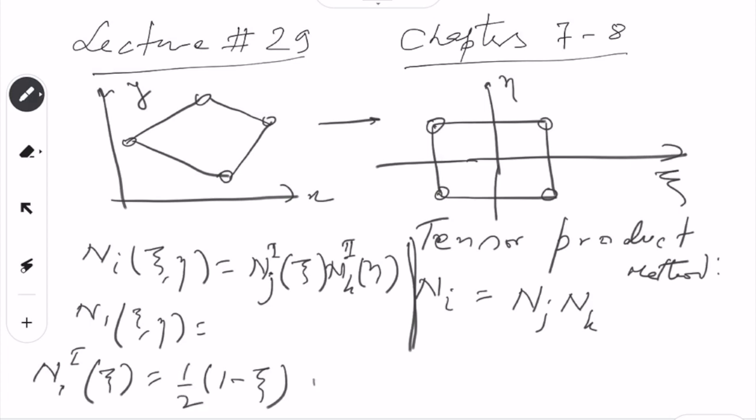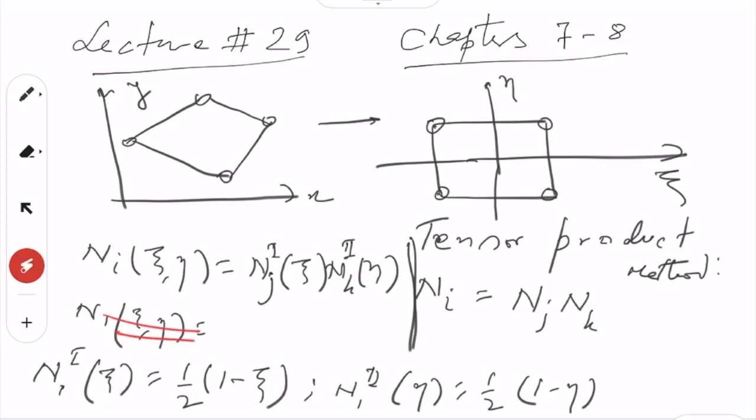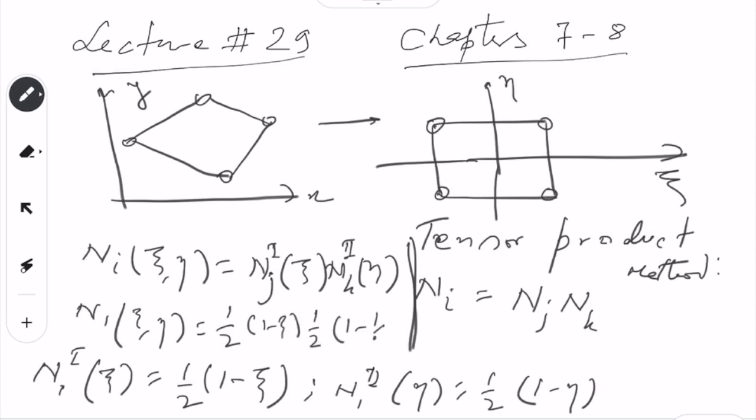Similarly, in eta, we want 1 here and 0 there, so we get half of 1 minus eta. Hence N1 equals half of 1 minus xi multiplied by half of 1 minus eta.